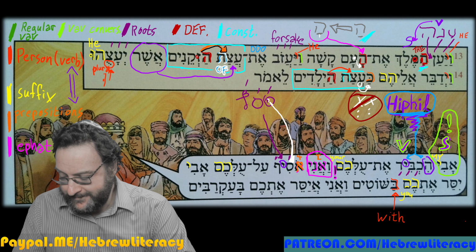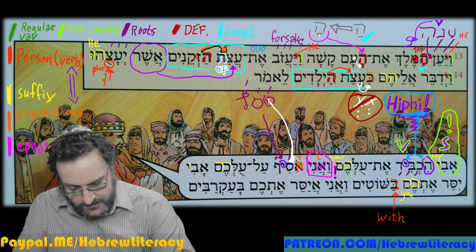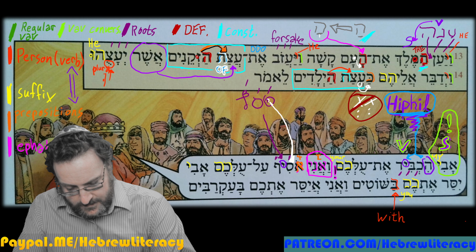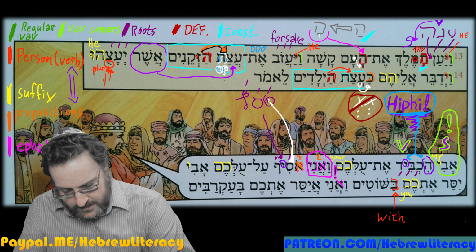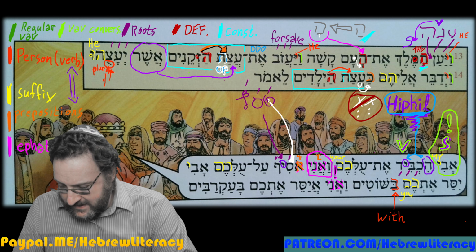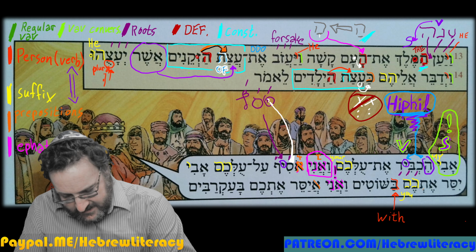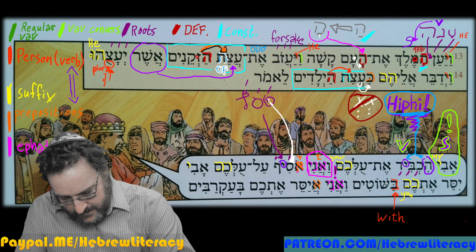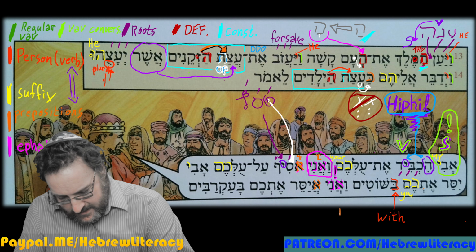Va'ani, but I, emphatic. It's emphatic because we have the I is here again too. See? But actually, let's go to the black.